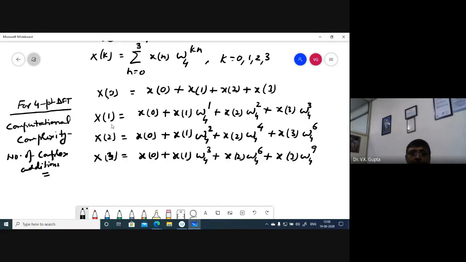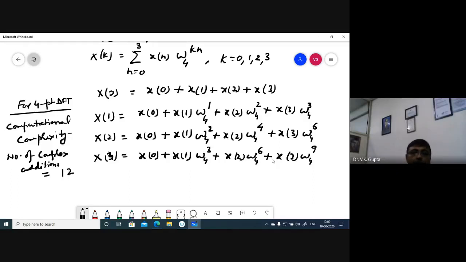Then for 4 samples, 3 plus 3 plus 3 plus 3, the total number of additions is 12.